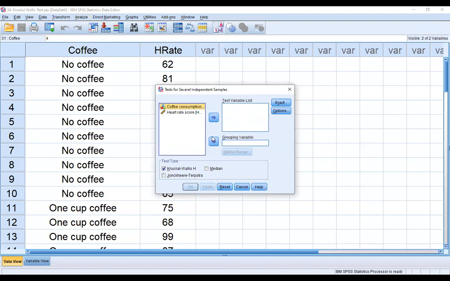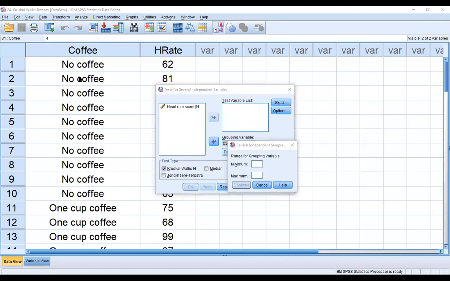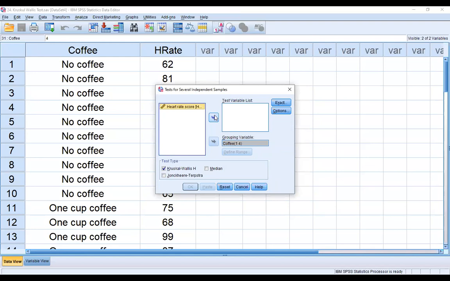Then coffee consumption as the grouping variable, and define range. Range means 1 to 4, so I have written here range of group variable 1 to 4, and then transfer the heart rate score into the test variable list. Then continue.